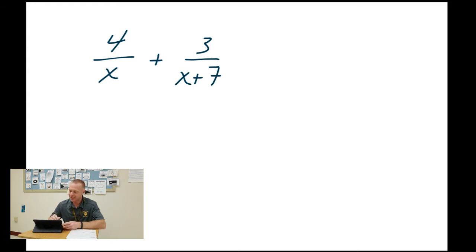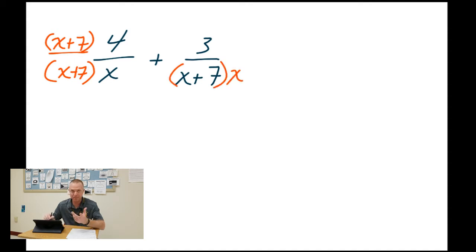And actually, it shouldn't be a big surprise that you need a common denominator. And of course, when you multiply the bottom by x plus 7, then you better multiply the top. So we've got to do the same thing in our other fraction. We're going to have to multiply by what's missing, that is an x.